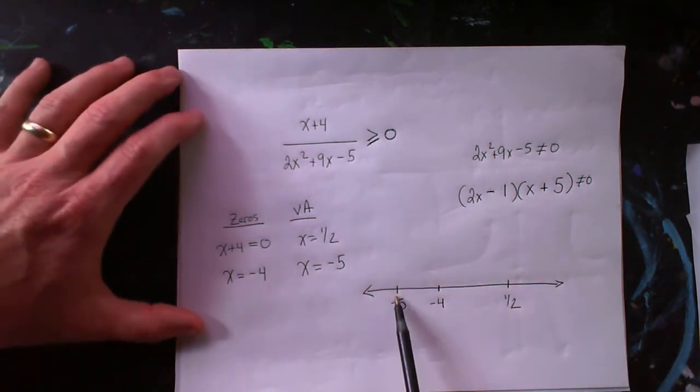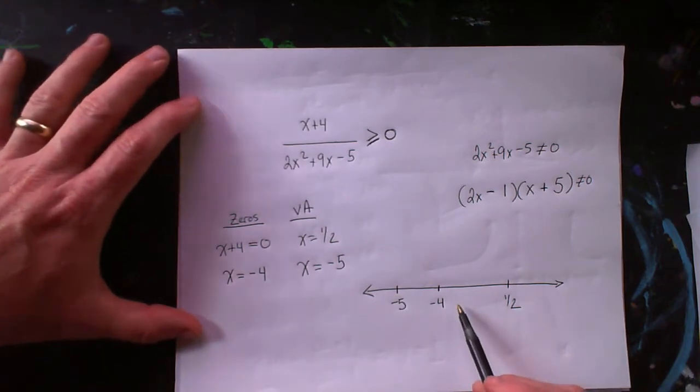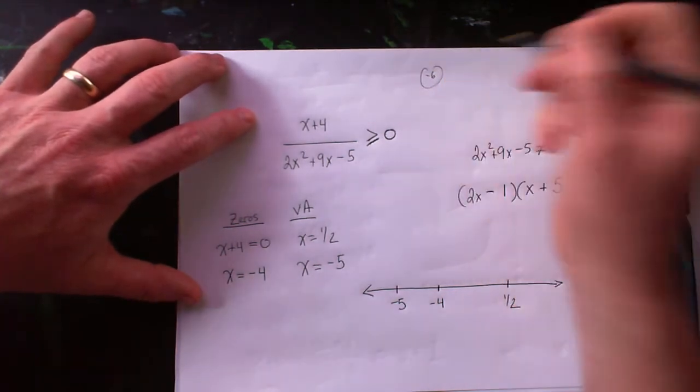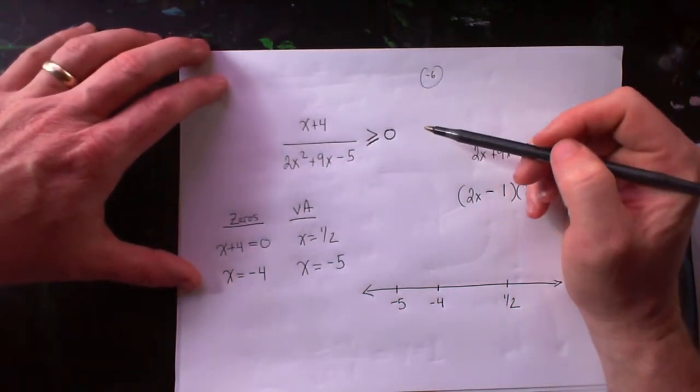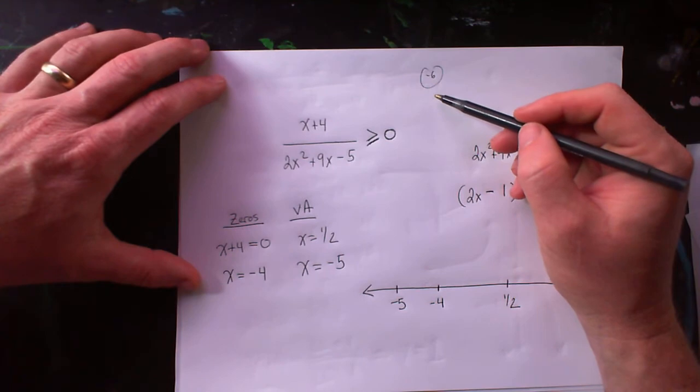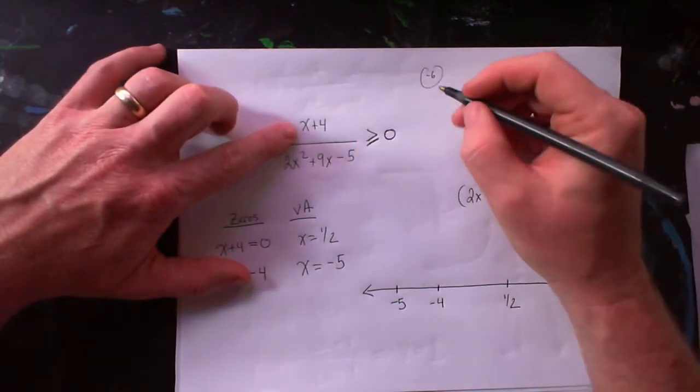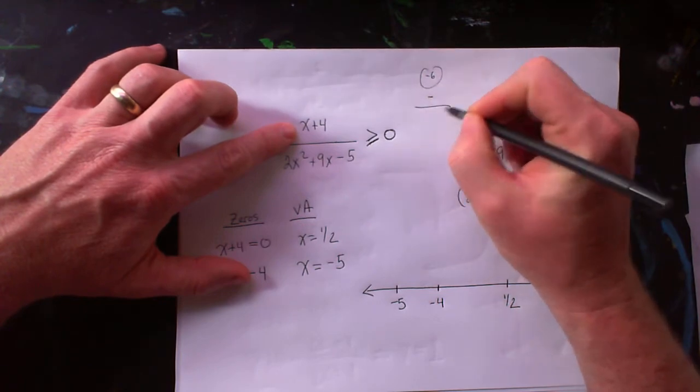So if I am less than negative 5, say I plug in negative 6, and again, just like we were doing earlier, all we really care about is, do we get a positive or negative? So I plug negative 6 in there. My numerator is negative.